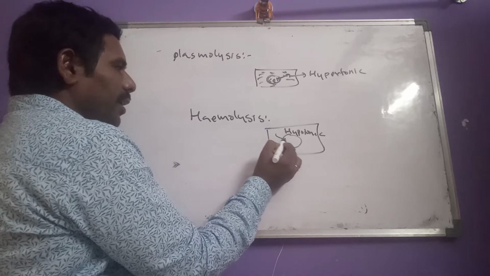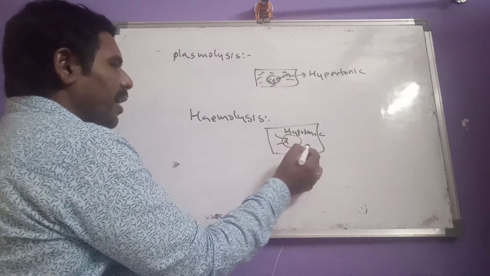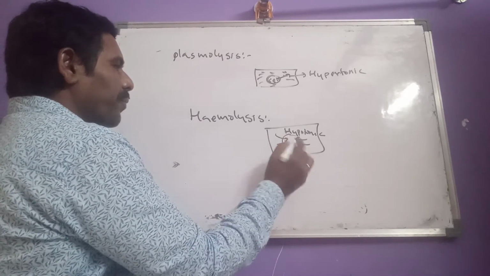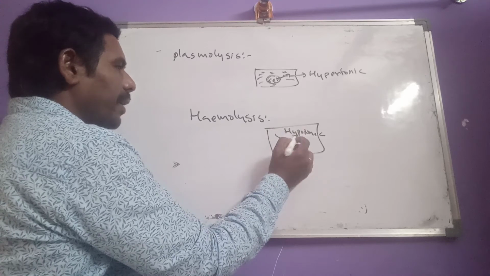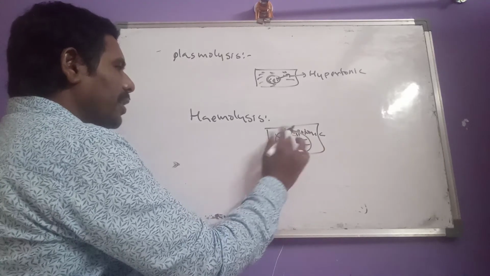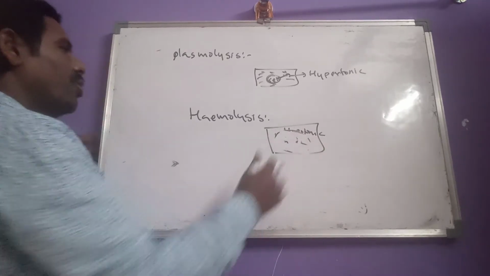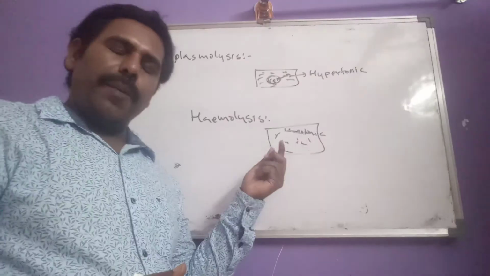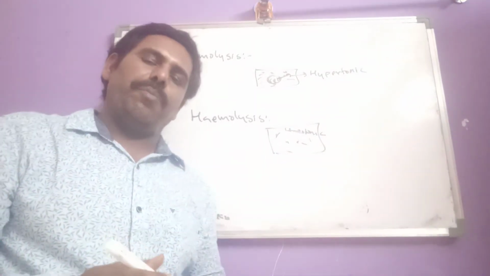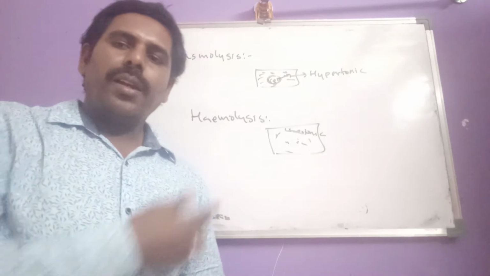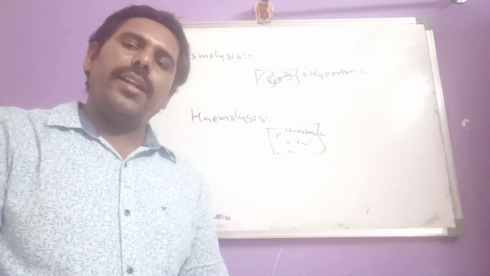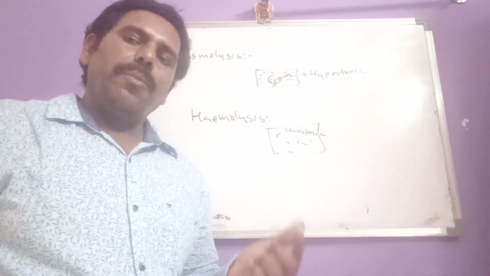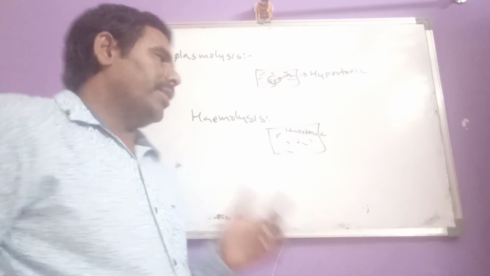Some particles enter into the cell from outside. Due to that, the cell bulges and bursts out. This takes place in the hemolysis process. So these are some important terms here: isotonic solutions, plasmolysis, and hemolysis.